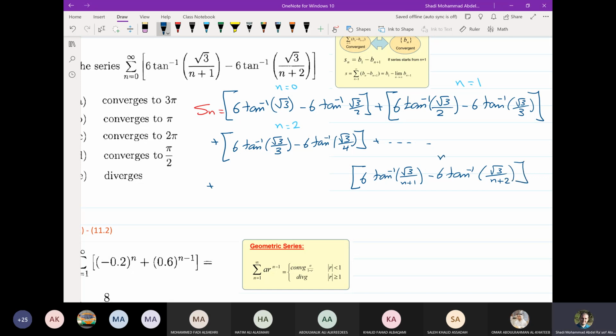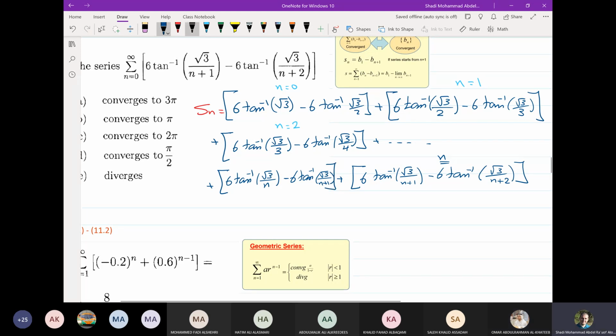This is at n. What is the previous term, the n minus 1 term? It is 6 tan inverse of root 3 over n, minus 6 tan inverse of root 3 over n plus 1, exactly.